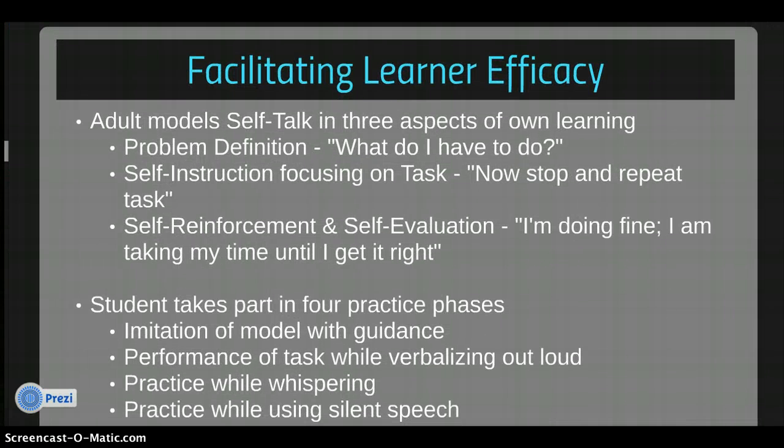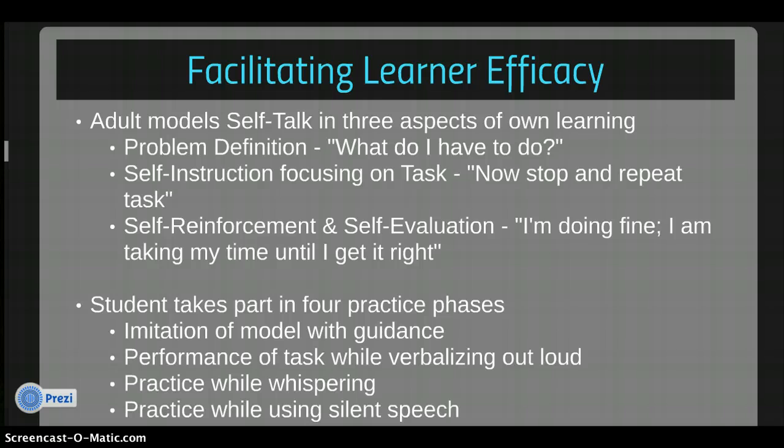Facilitating learner efficacy is important for impulsive children to exercise self-control when faced with new or ambiguous tasks. Meichenbaum and Goodman developed a plan in 1971 that utilizes modeling and verbalized self-instruction in combination. The first portion of the plan requires the adult to model self-talk in 3 aspects of their own learning.